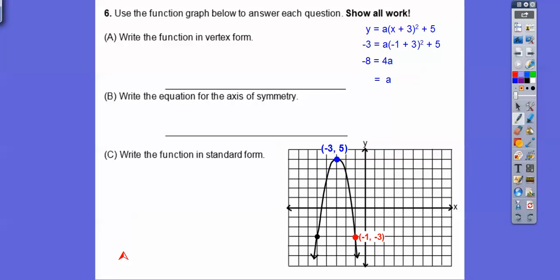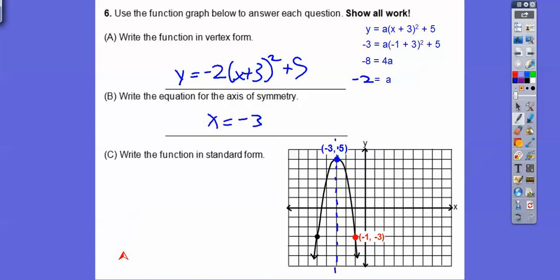All right. So let me grab that. So this should be right here, a -2. So here's the equation. Y equals -2 times x plus 3 squared plus 5. And then I'll write the equation for the axis of symmetry. So it's right here. Here's the axis of symmetry right there. So x equals -3.